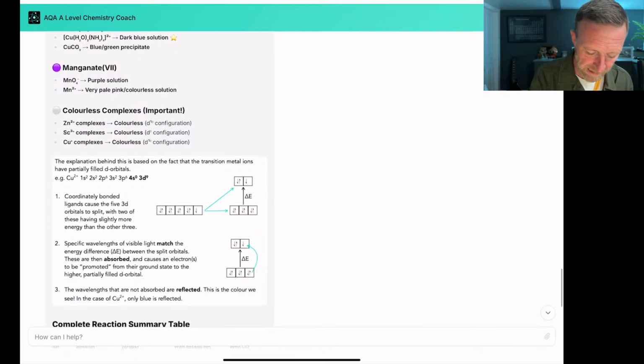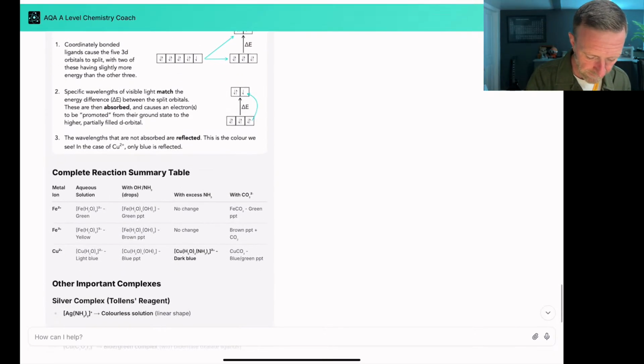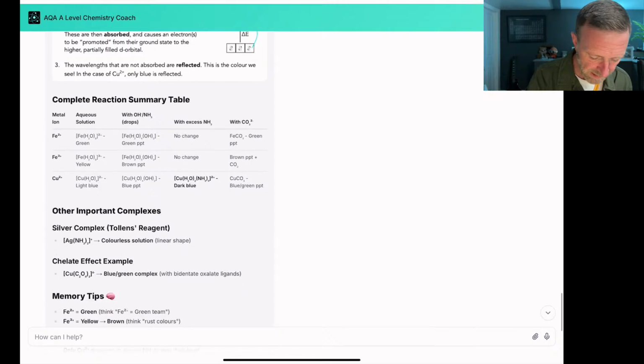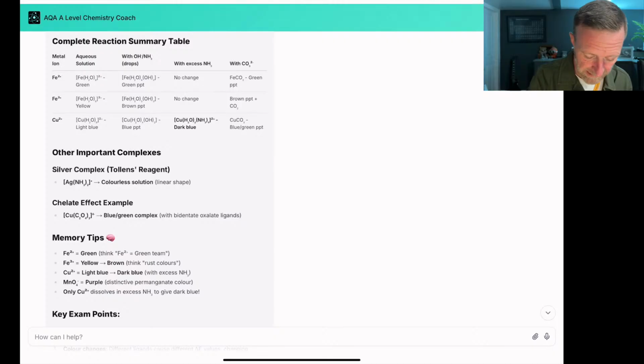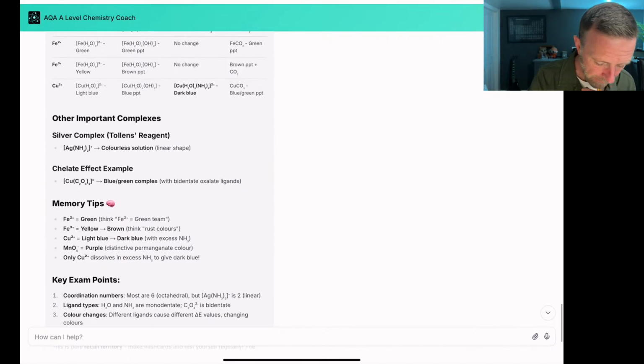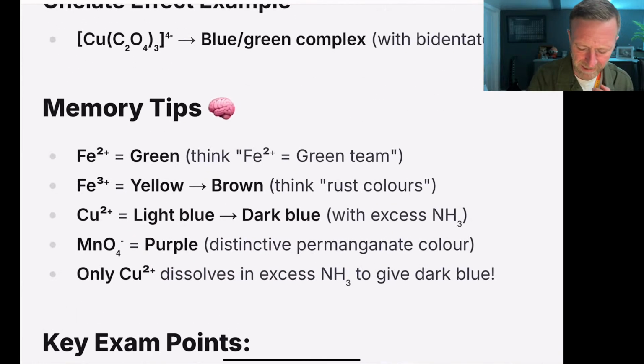Colourless complexes, it even goes into exactly why complexes are coloured and why they're not. Is it Fe2+, Fe3+, and Cu+? Chelate effect example, so you do need to know that for AQA. A few memory tips. I don't know whether this is useful, but Fe2+, think green team. Yeah, that's just AI being AI.